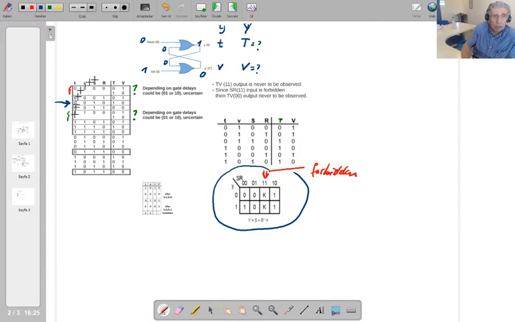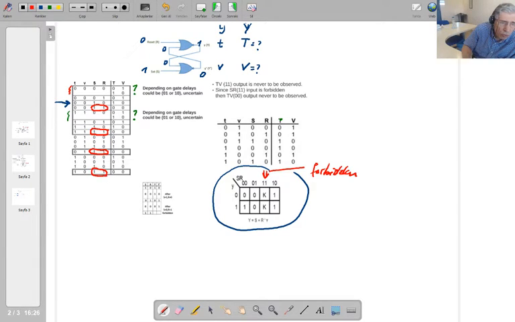So let's look at this table under the condition that this input is forbidden. If I transfer this information to that table, what I am going to see is this. S and R, both of them 0, is this case, or this case, or this case, or this case.